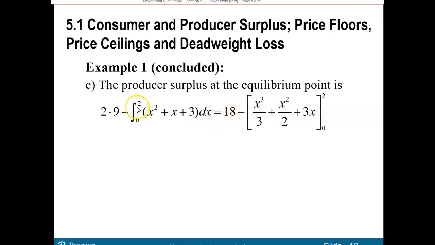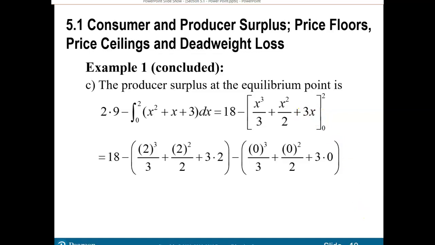Here be careful, because you're going to do your antiderivative and evaluate, but you have a negative sign in front, so make sure when you're calculating this that you keep the negative in front of the whole thing. So x cubed over 3 plus x squared over 2 plus 3x is your antiderivative. And then you're going to plug in 2 everywhere and then subtract, plugging in 0.